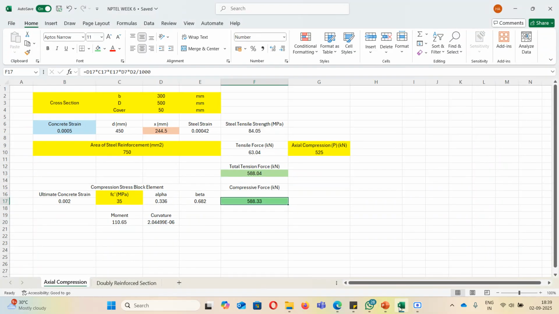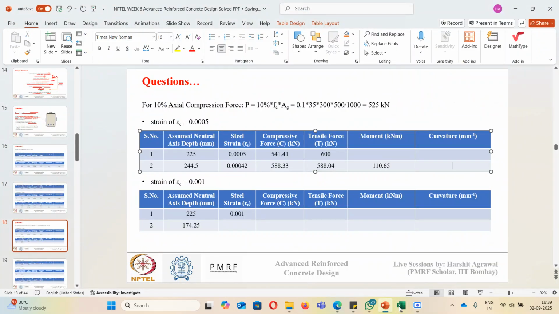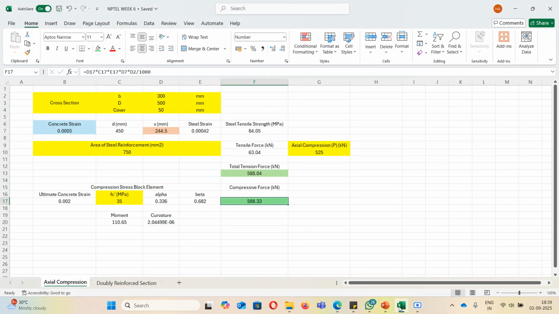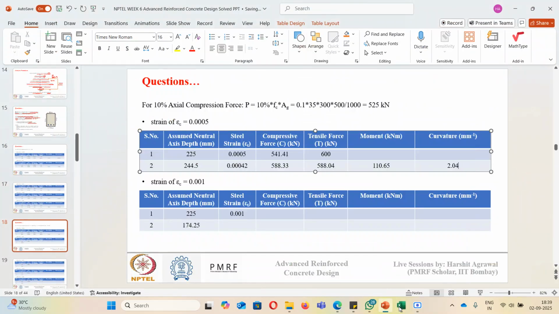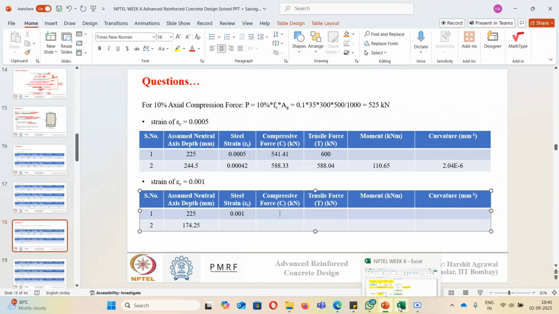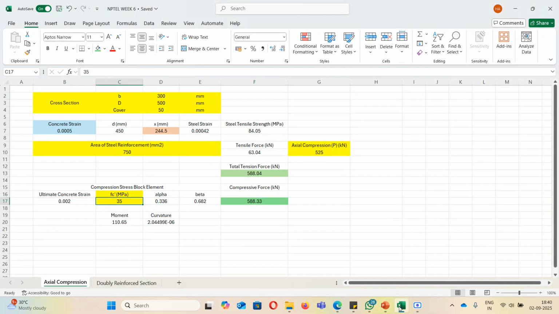Moment is 110.65, and curvature is 2.04 into 10 to the power minus 6. Okay, similar iteration we'll do with 0.01. Okay, so this is just an iterative process, but it will be done very quickly because of this automated calculation sheet that we have created.